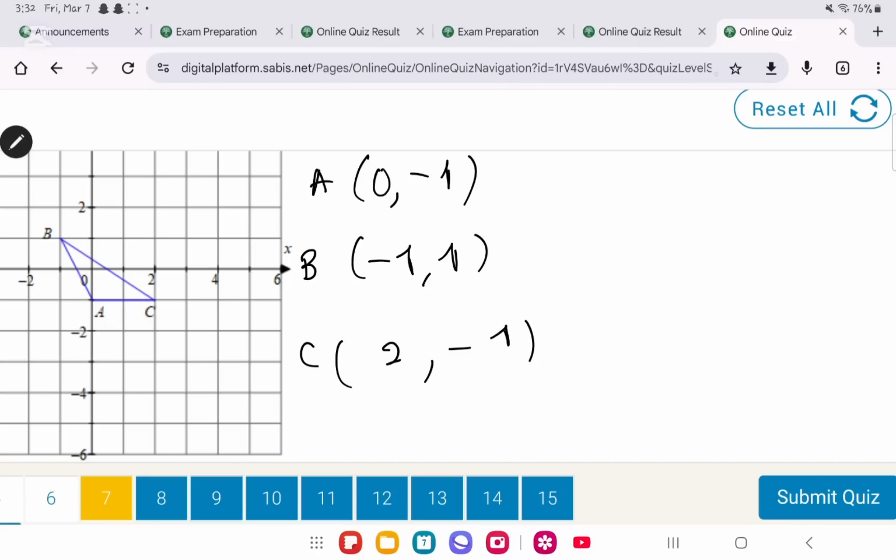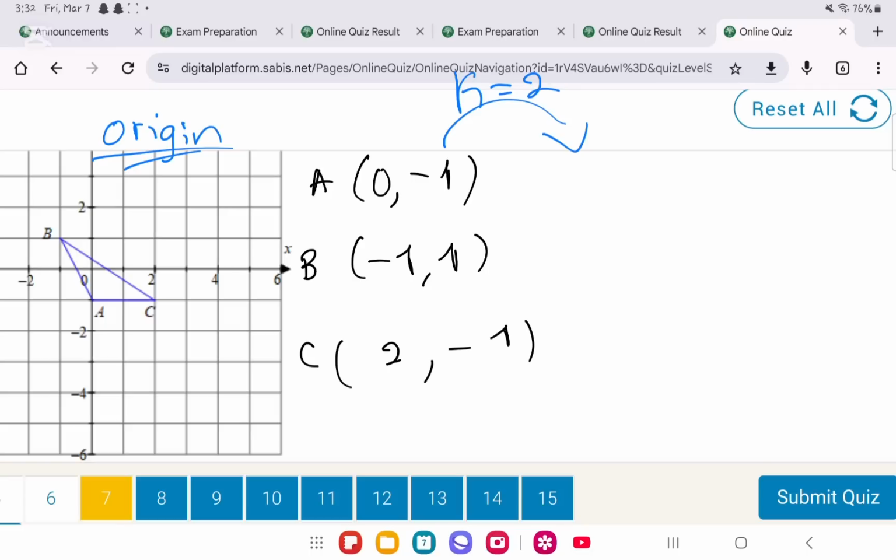Now, the first thing that we said would be happening was an enlargement with a scale factor of 2. So that means our constant k is equal to 2. So very simply, you have to multiply both x and y by 2. Why? Because it is at the origin. There will be a case later on in the quiz where the center is not the origin, and we will see what we will do.